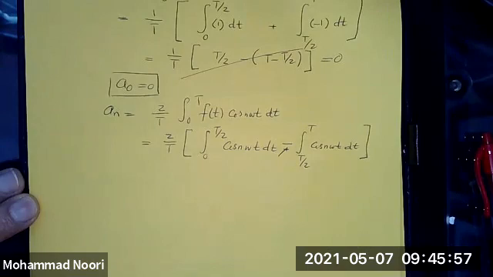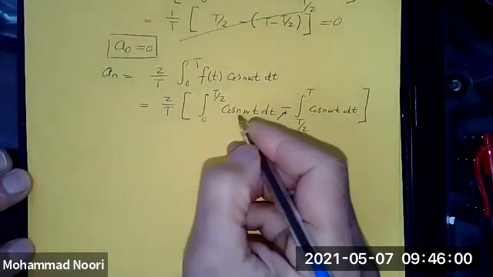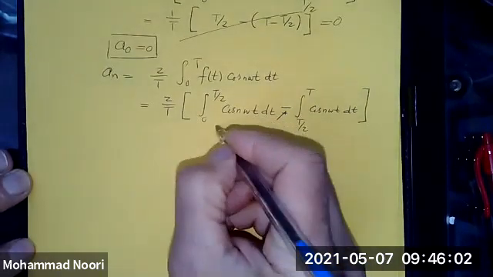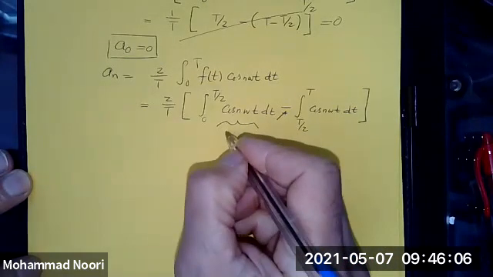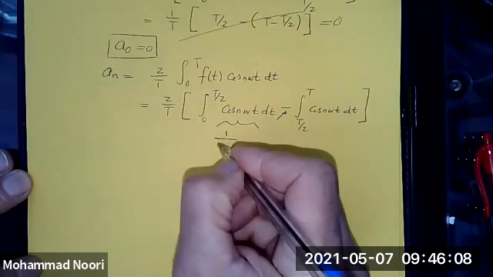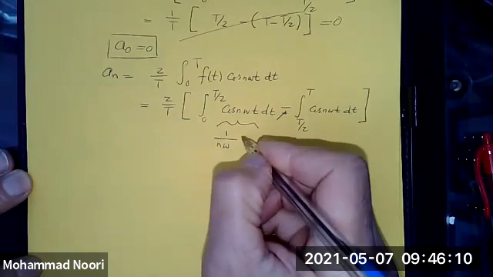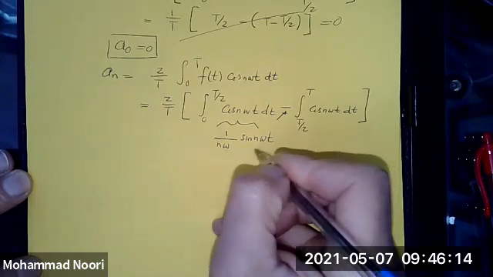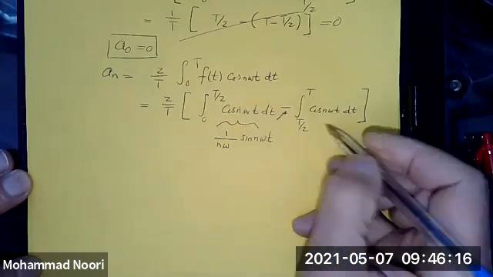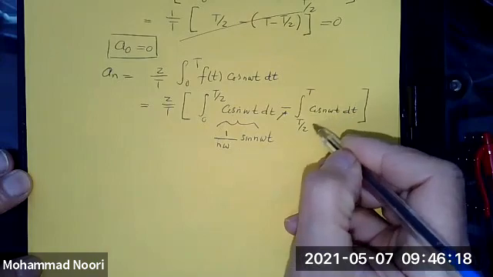What is the integral of cosine n omega t? The integral of that is 1 over n omega sine n omega t, which is the same here.